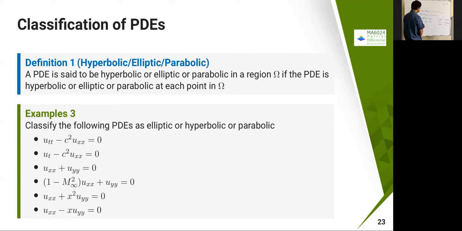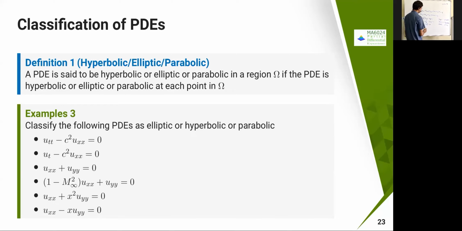So b square minus 4ac is going to become 4 into (1 minus M infinity square) into 1, and it will be either less than or equal to 0, or greater than or equal to 0. I'm just going to remove this 4 and consider this one.